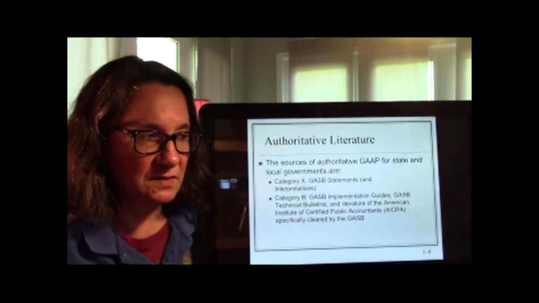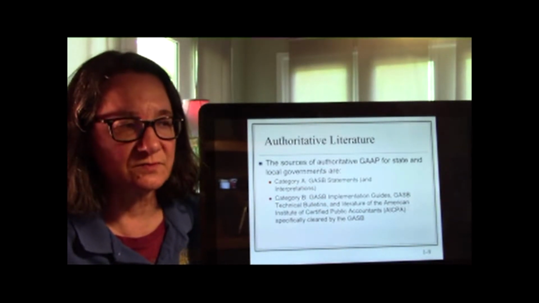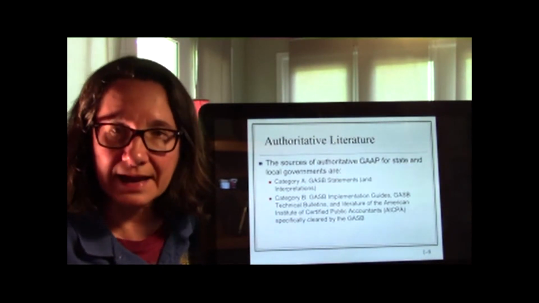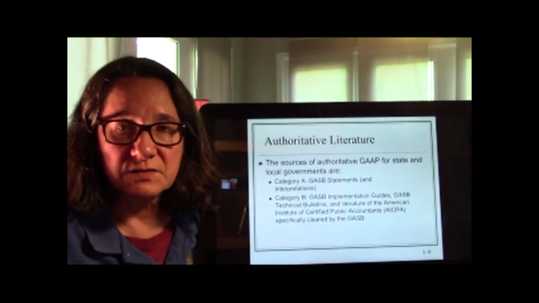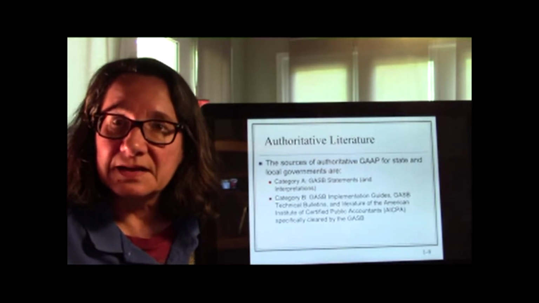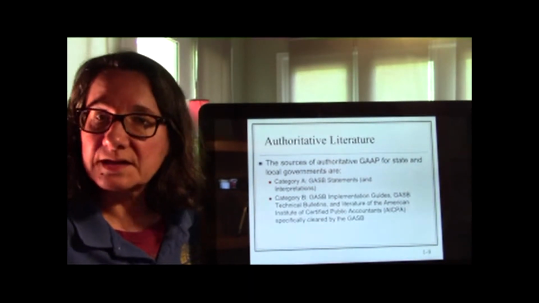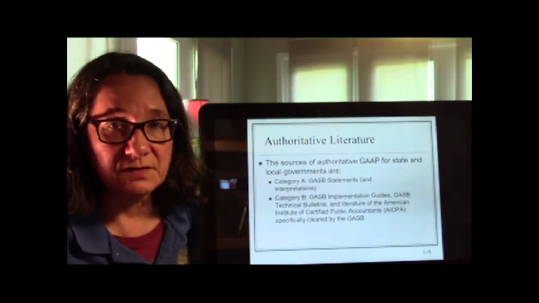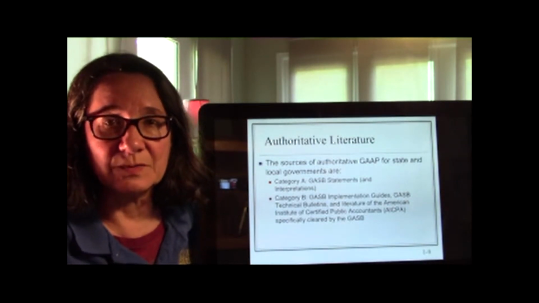So the authoritative sources for generally accepted accounting principles for state and local government is GASB statements and interpretations of those statements. All right, so there's a lot of literature out there, but if you end up being the accountant for the City of Kingsville, you have to follow the GASB statements. And if GASB has put out interpretations of those statements, you can follow those interpretations.